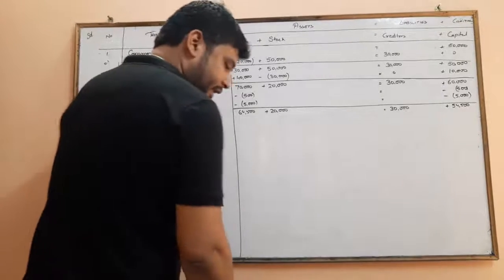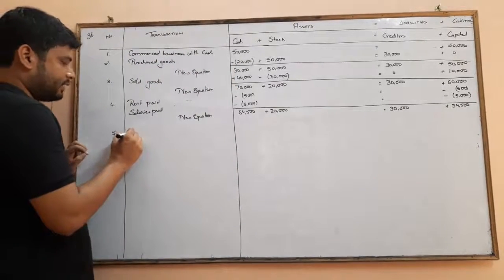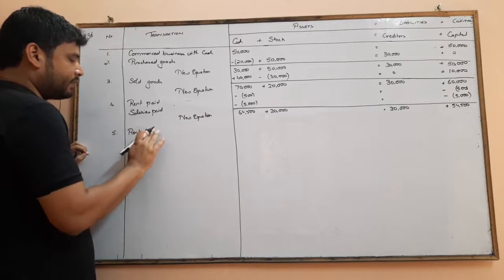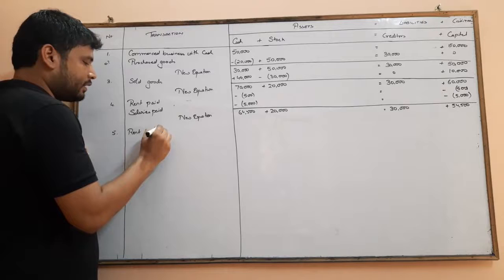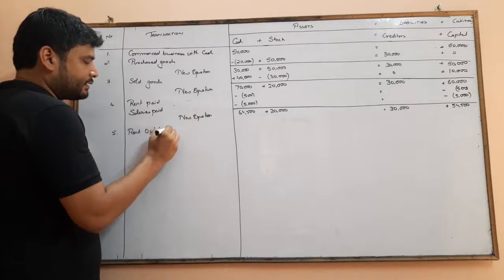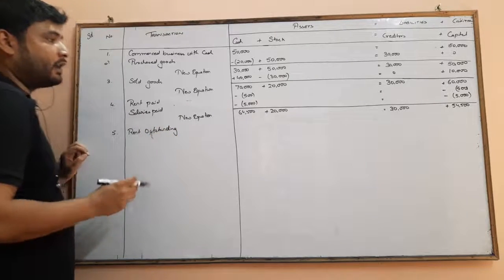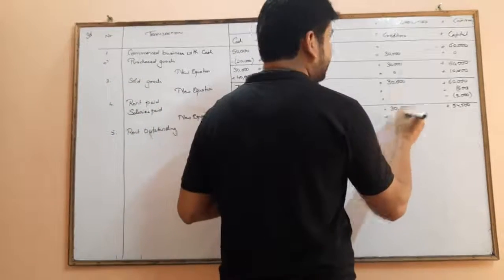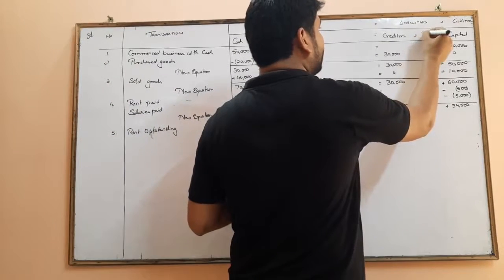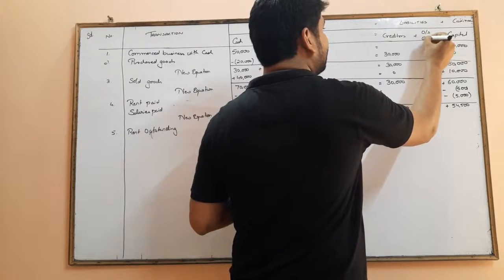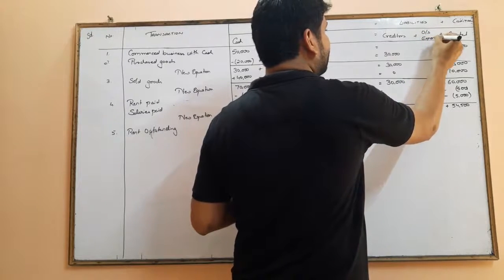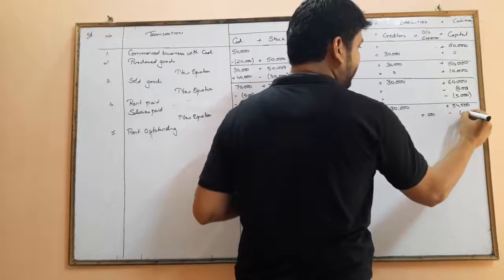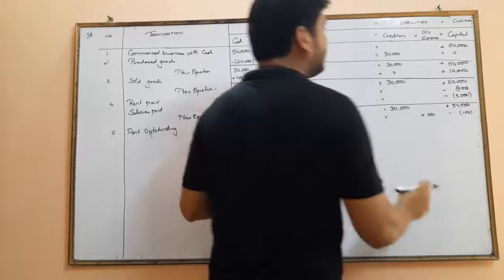Now coming to the next point number 5. Outstanding. Now rent outstanding is rupees 100. I'll write down the full form. Rent outstanding is a liability which I haven't paid till now, but it is an expense for me. So outstanding expenses plus 100, and as it's an expense, it will be subtracted from capital.